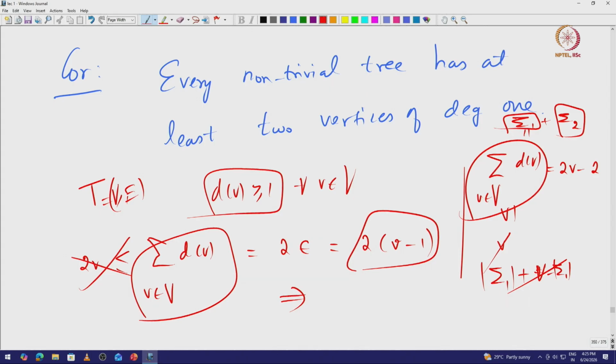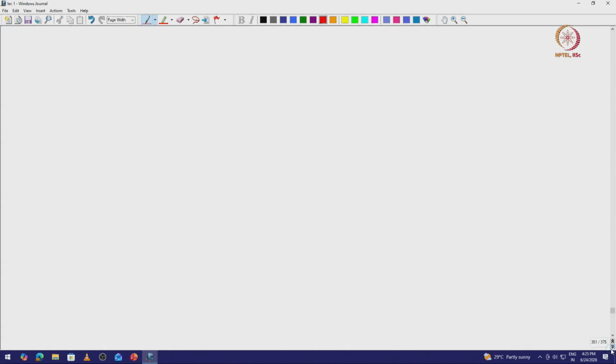Now let us get into another characterization using cut edges, which is much more interesting. We call some edge a cut edge when we remove that edge from the graph and the number of connected components increases.